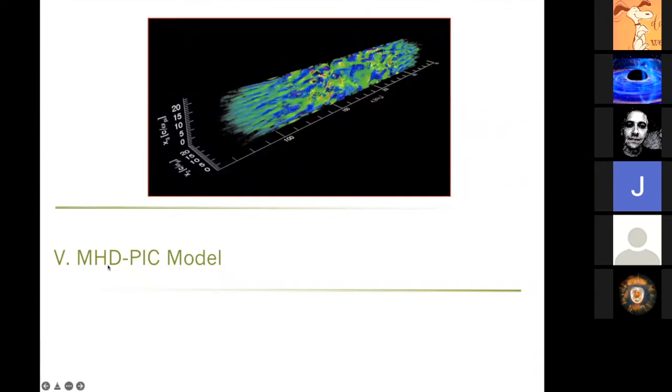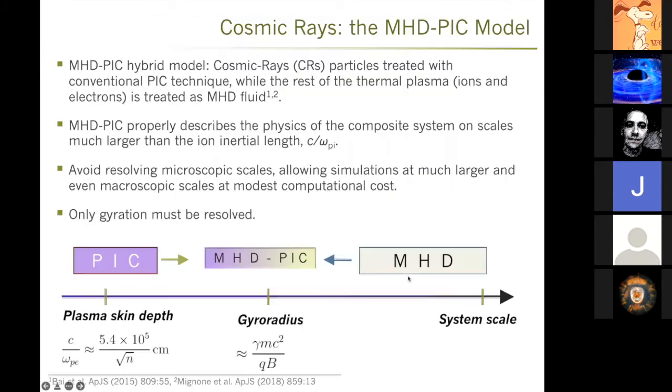So let me focus on the magneto-hydrodynamics particle-in-cell model, which is a hybrid method. This method allows MHD to be extended to smaller scales, because you can treat the thermal fluid using MHD, but you can treat the non-thermal particles using particles, essentially PIC techniques.